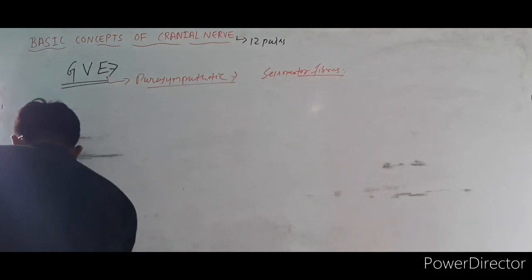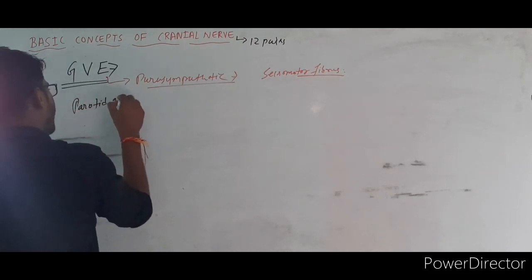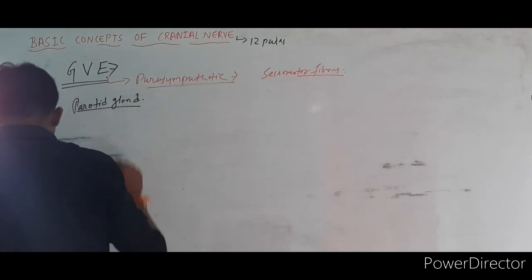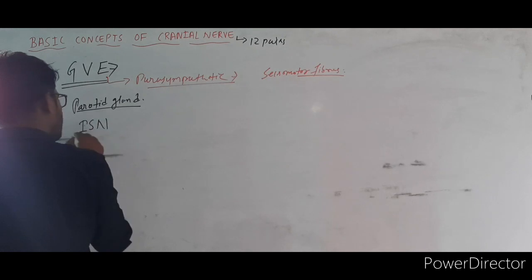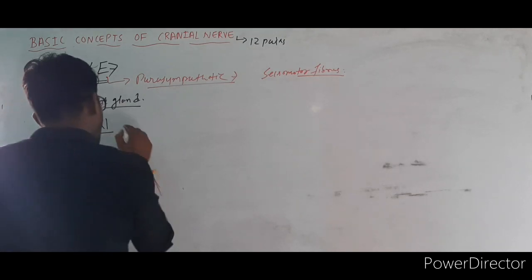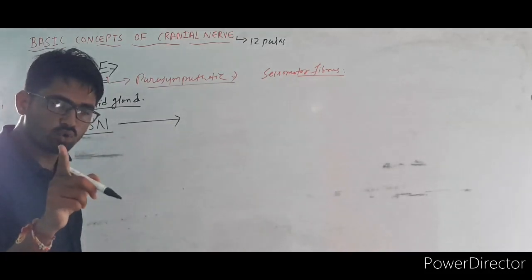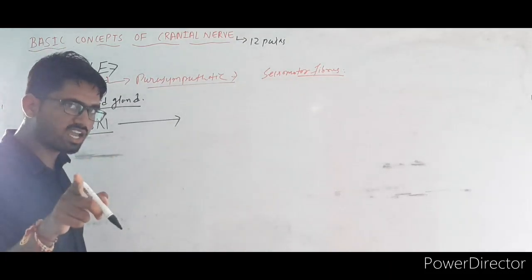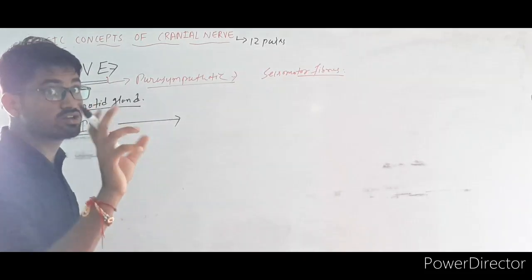So, for the parotid gland, the fibers arise from the inferior salivary nucleus. After that, which nerve carries this? Have you watched the otic ganglion video? In that I told Gifty and Mega: G means glossopharyngeal nerve.